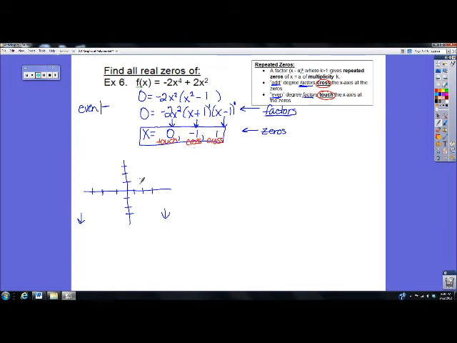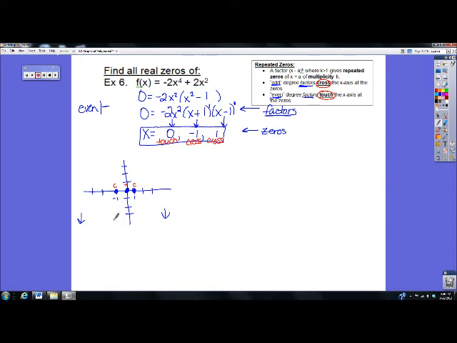Well, these are my 3 zeros at 0, negative 1, and positive 1. Now, based on the fact that I should cross the graph at negative 1, I'm going to put a little C here. I should cross at -1 and I should cross at +1, but I should only touch at 0. Let's take a look at what this should look like.